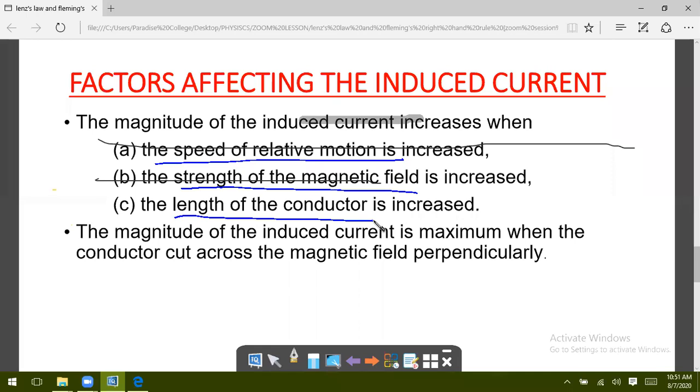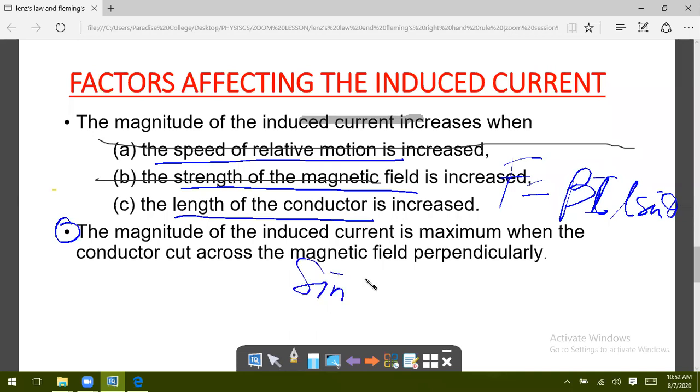The second point is the magnitude of the induced current is maximum. Remember this formula? F equals BIL sin theta. When the angle is 90 degrees, sin 90 gives you 1, which will produce a maximum force.